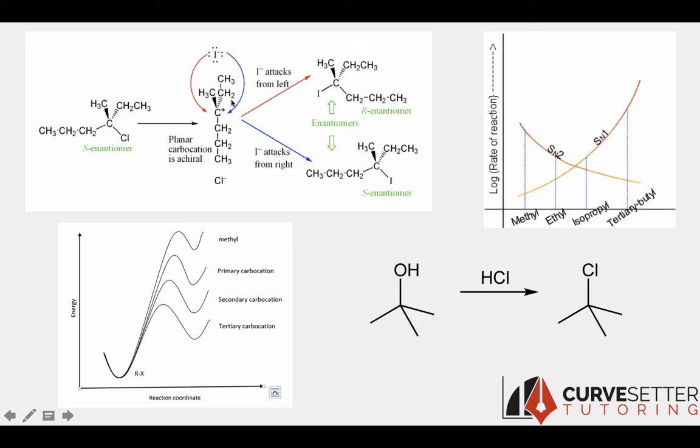Then you have a planar carbocation intermediate, and the nucleophile can attack from either side. If the nucleophile attacks from the left, you get the R enantiomer, and if it attacks from the right, you get the S enantiomer. So you're creating a racemic mixture here.